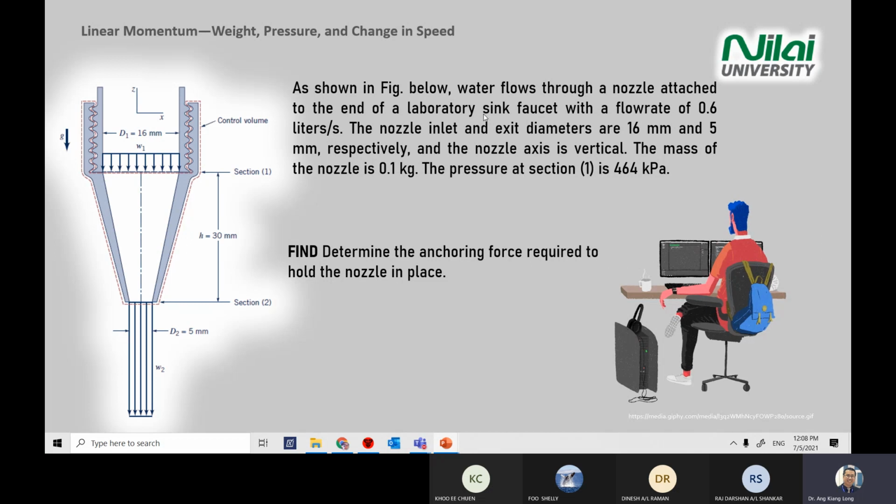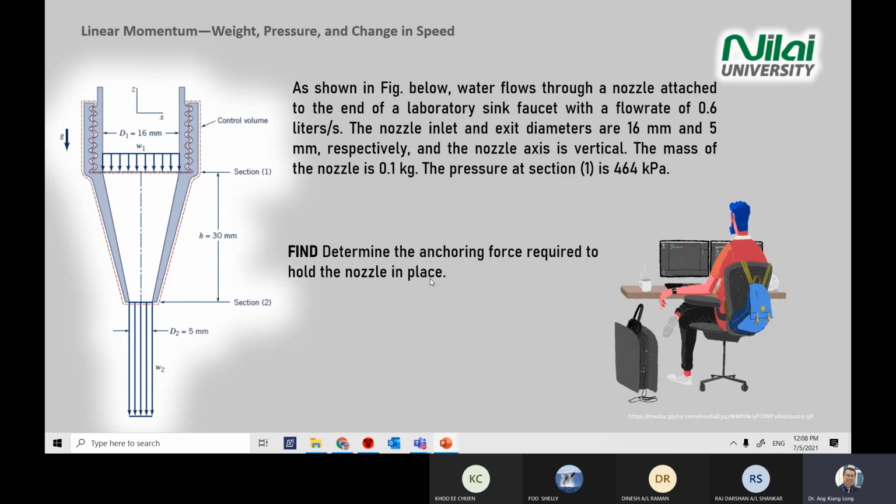If you look at the problem statement, the water flows through a nozzle attached at the end of the laboratory sink faucet with a flow rate of 0.6 liter per second. The nozzle inlet and outlet diameters are given, and the nozzle axis is vertical. The mass of the nozzle and the pressure at section 1 are given.